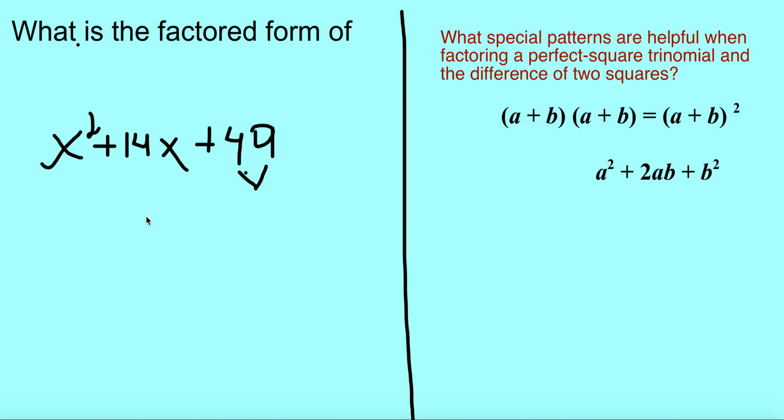Let's take into consideration this one here: x squared plus 14x plus 49. Now we have to write the last term as a perfect square. Let's see if the last term is a perfect square. What is a perfect square? 49, so this will be 7 squared.